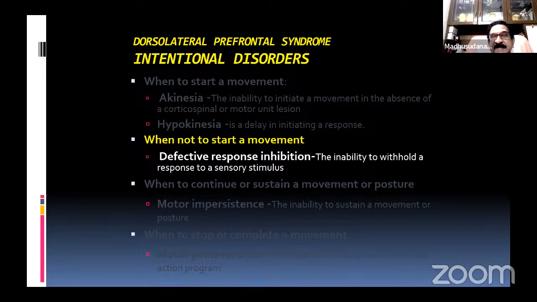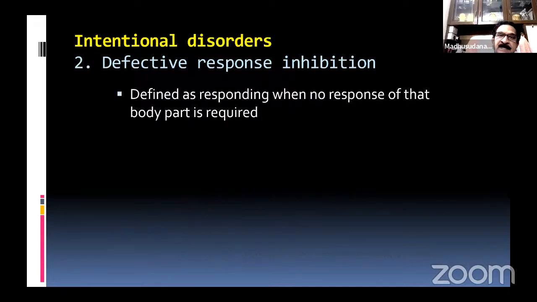I will not talk about all the things, only what is relevant in this patient. What we have seen is defective response inhibition, inability to withhold a response to a sensory stimulus. The sensory stimulus is the hand, he cannot withhold, he cannot stop himself from touching it. They're defined as responding when no response of the body part is required.